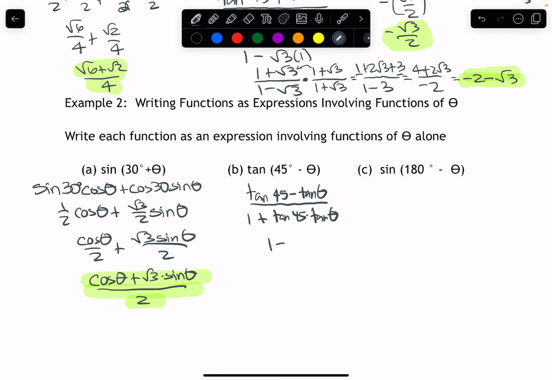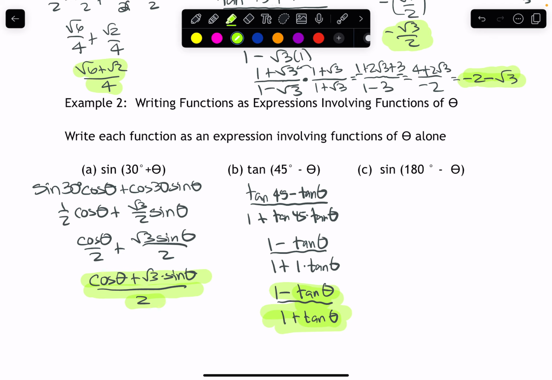Tan of 45 is 1. Making that substitution here, and then I'm just going to clean this up because we, of course, would never show a 1 times anything, because we all know that's really the tangent of theta. Again, we'll highlight the answers so we know that's what we have.